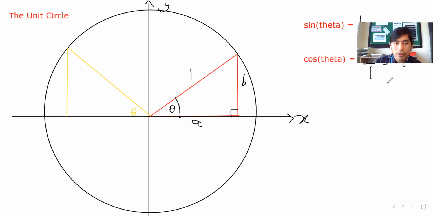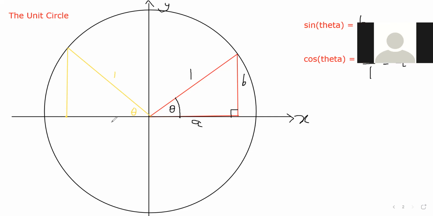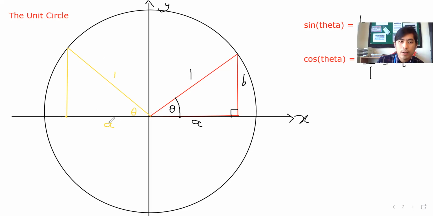All right, this is the unit circle. If I just consider the size of these sides, what would the length of the hypotenuse be if the radius is 1? Well, it will actually still be 1, right? What would this length be on this side? Still A, good.